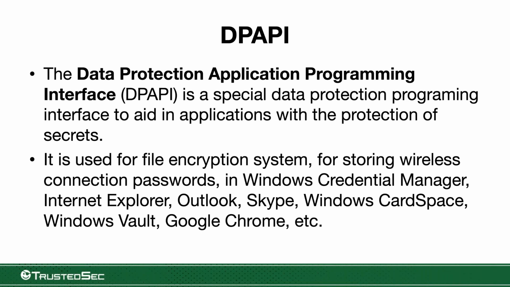Typically, if the machine is domain joined, you'll see MSV1_0 and Kerberos as the default ones that get invoked. If the machine is not domain joined, then you're going to be seeing the other ones.